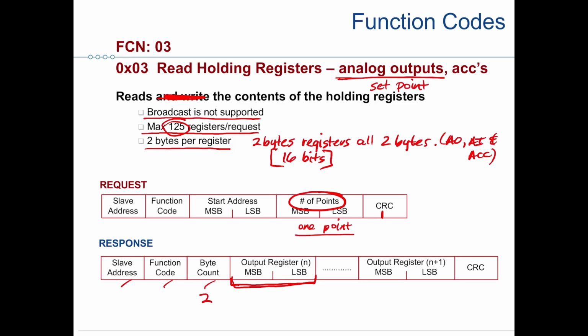So you would never see byte counts of anything other than 2, 4, 6, 8, and so on. Whereas with a single bit register like a read coil status or a read input status, you can have odd numbers in your byte count. But for this one, it'll always be even numbers because each point is 2 bytes.